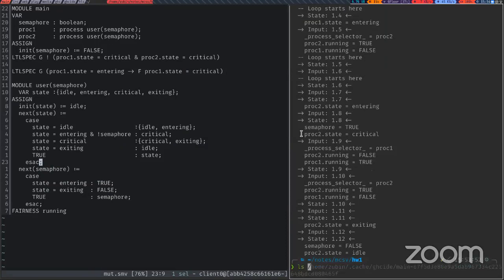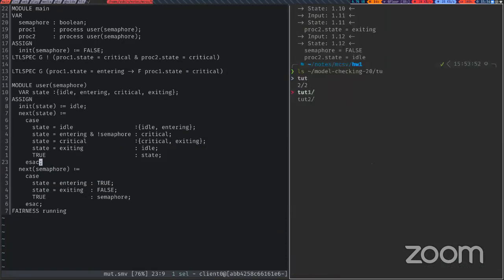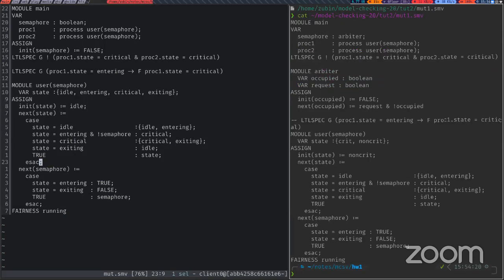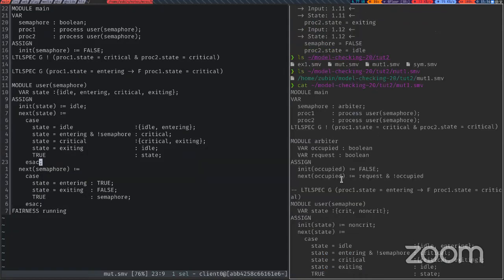I don't know what you mean by state idle means you could be either in idle or entering. I don't know why you may have made this kind of a thing. You can idle for however long you want. The way you've defined it, when you're idle, you can keep on idling.